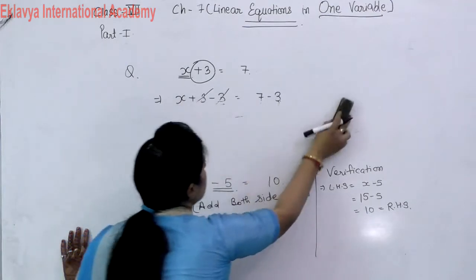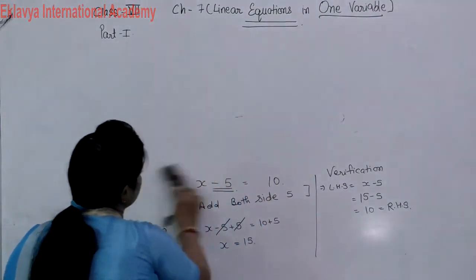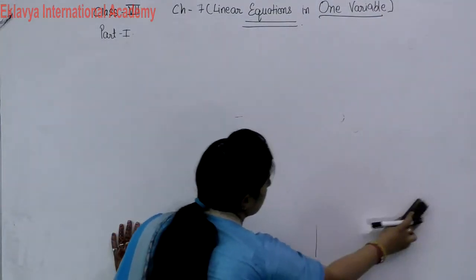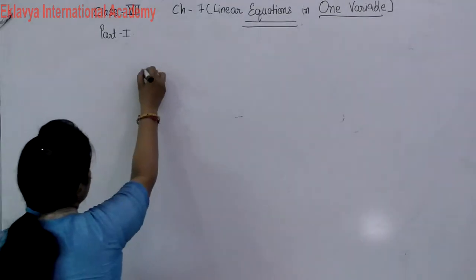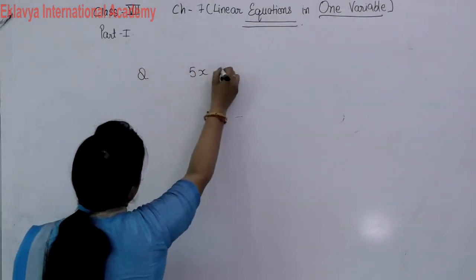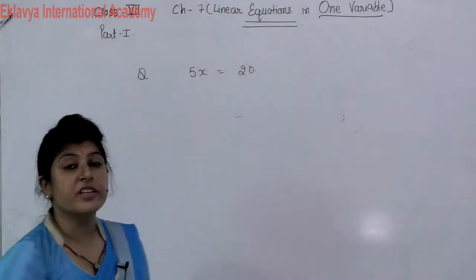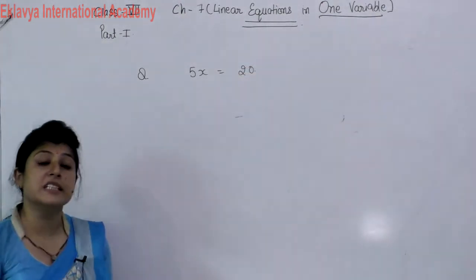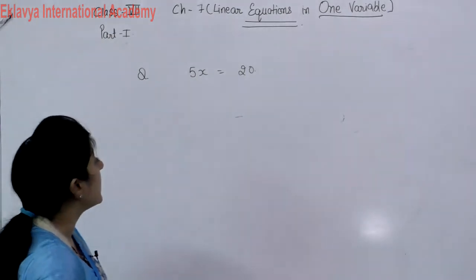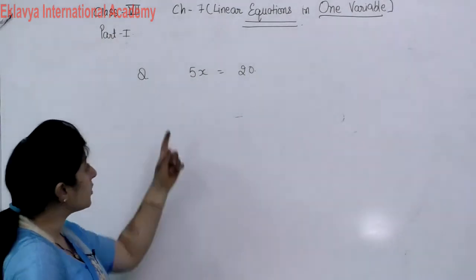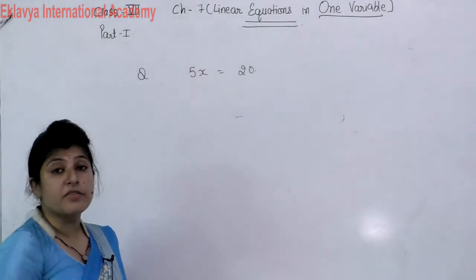Similarly, suppose 5x is equal to 20. Now with the unknown variable, there is a 5 in multiplication. So we want to remove this value. What will we do?